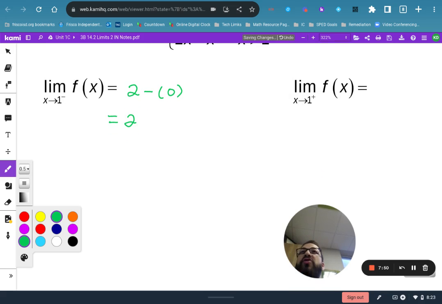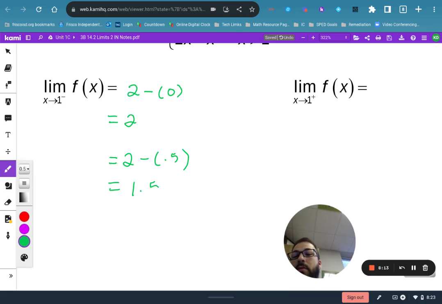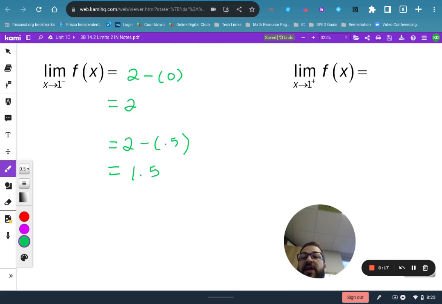Okay, I'm going to go a little bit closer to see if I can get a better idea of what's happening with my function at 1. I'm going to plug in 0.5. So 2 minus 0.5 is equal to 1.5. Let's go a little bit closer to get an even better idea. I'm going to plug in 0.9.